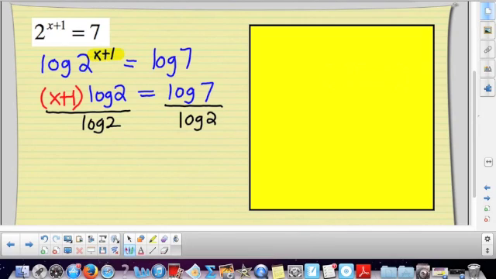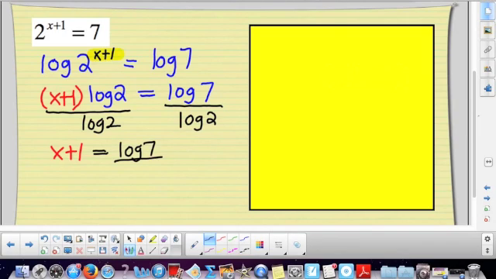So I have x plus 1 is equal to log 7 divided by log 2. And finally, to solve, what is the final step? Subtract log A minus log B?